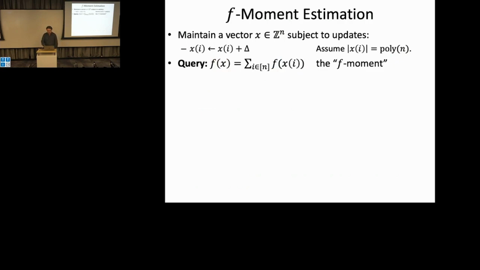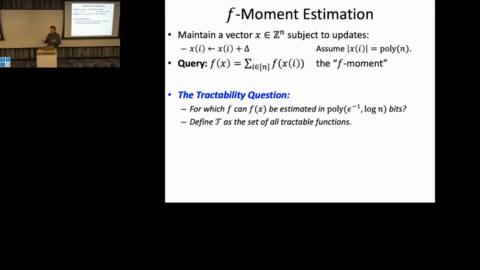So this whole talk is about the f moment estimation problem, where you have some function f, and you want to compute the sum of f applied to every part of the vector. You can ask, based on whatever properties of this function f, is this moment tractable, in the sense that I can compute an arbitrarily good approximation in polynomial in epsilon and log n?